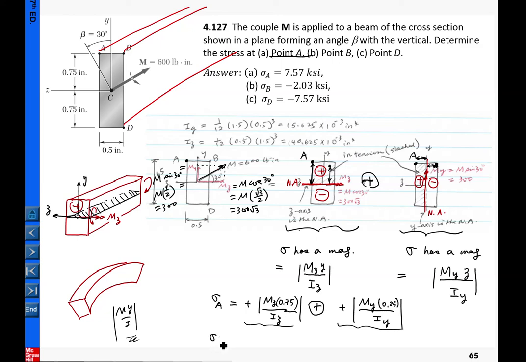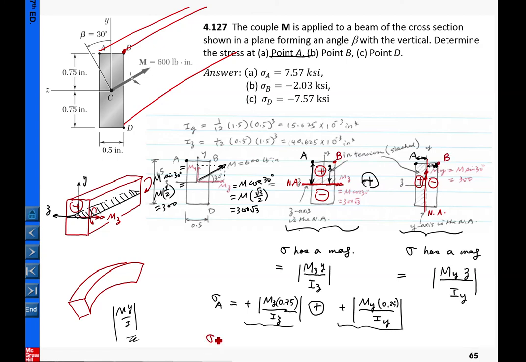Then for sigma B, let me change to a different color. So B is here. Let me label B is here and B is here.